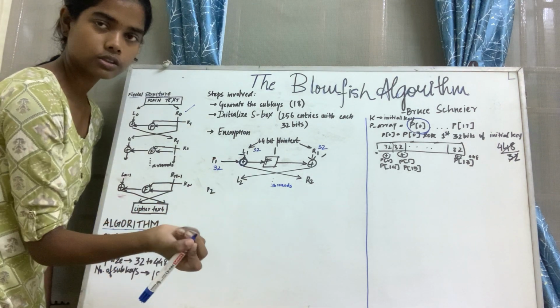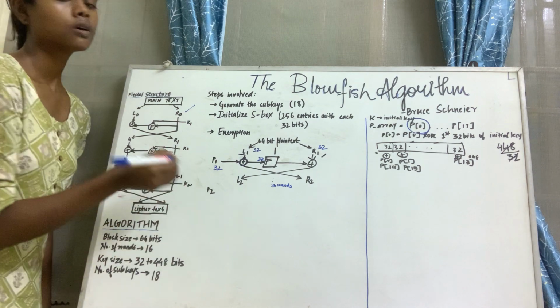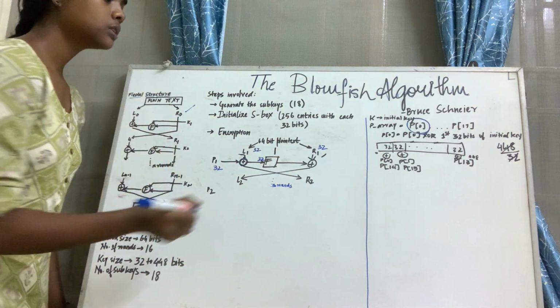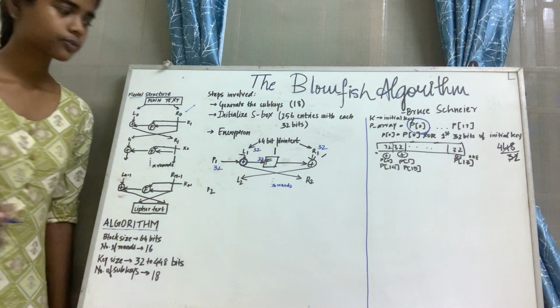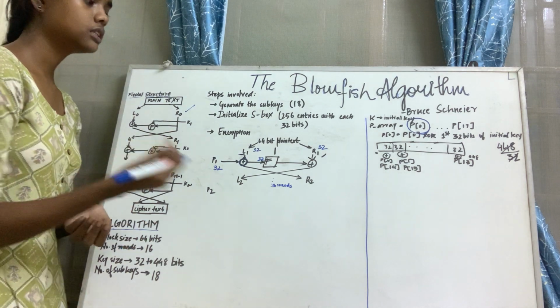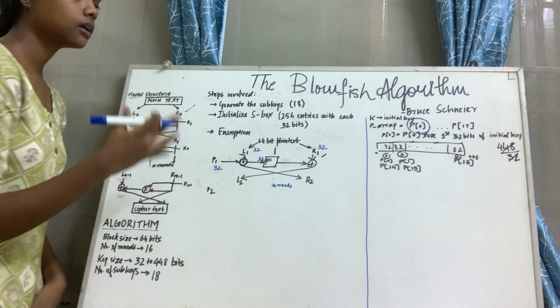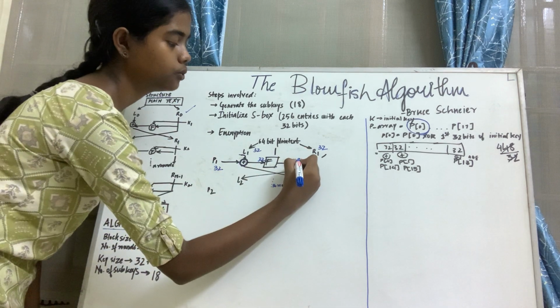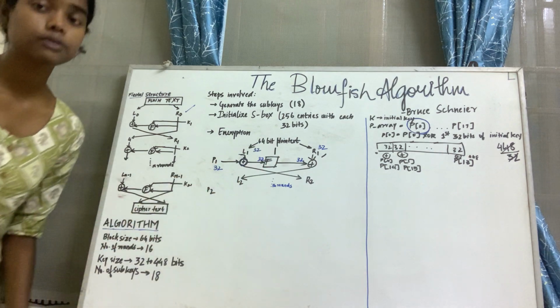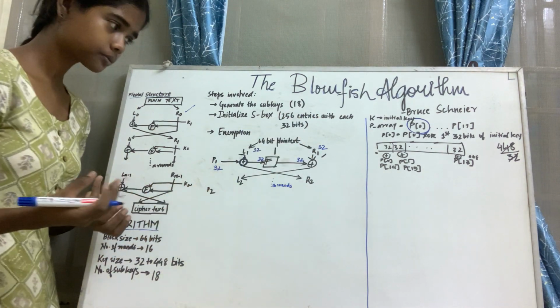So when we perform XOR between them, the output will be of 32 bits as well. This 32-bit value will be passed to a function, and this function will perform some operations and give a 32-bit value, which we will XOR with the right plain text.